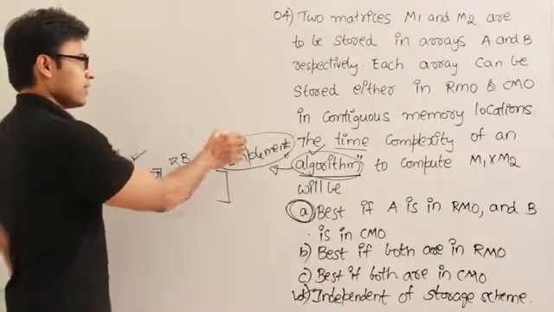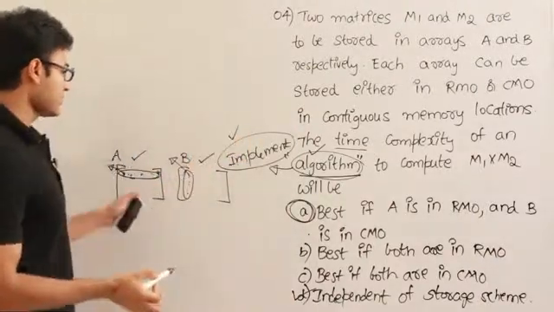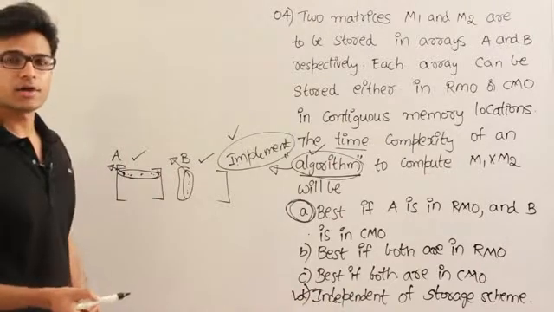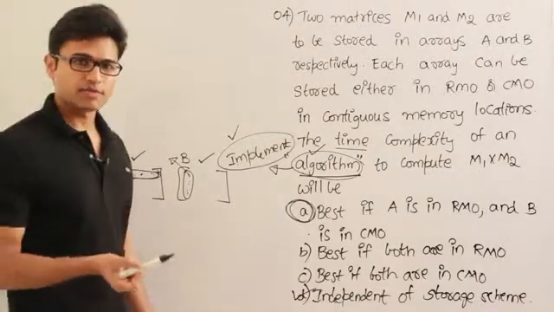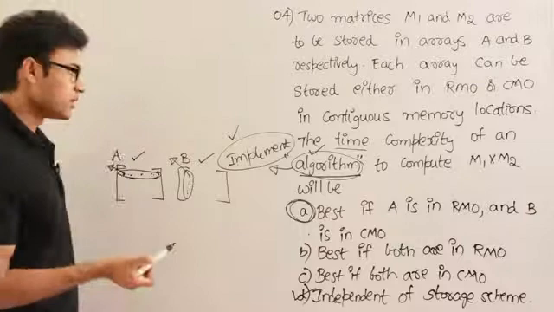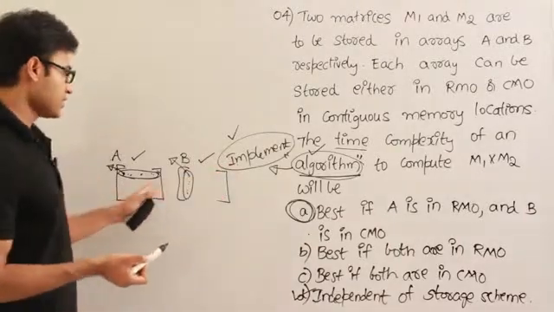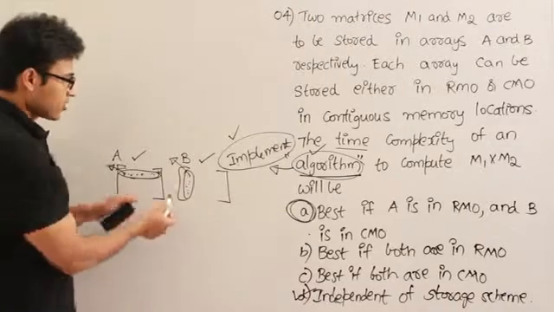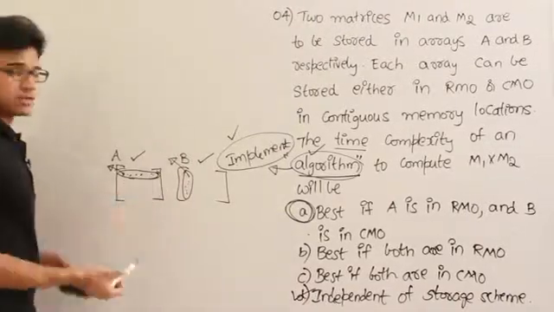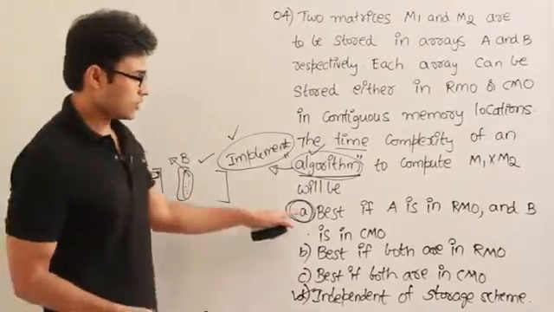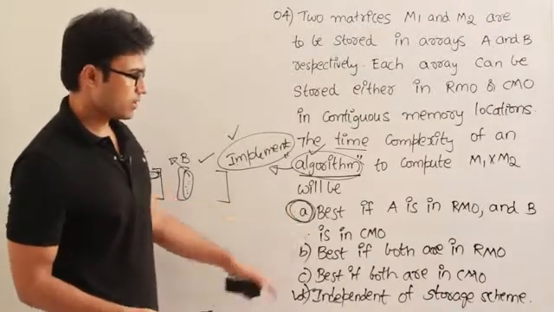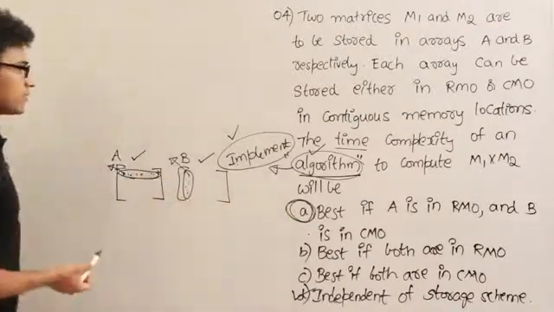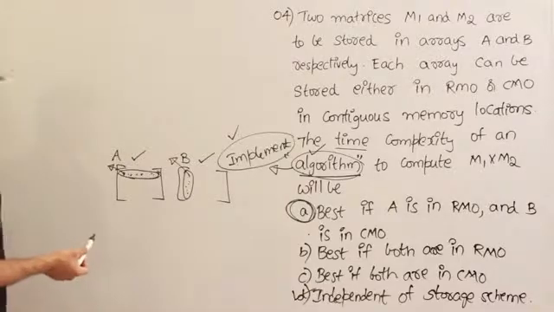But when it comes to implementation, accessing every element will take different time, because sometimes there will be page faults. So if you want the best possible performance for the implementation of such a program, which multiplies this way, that is the normal program, right? We have the multiplication. So you store A in row major and B in column major, and then accessing it will be easy. Okay, fine.